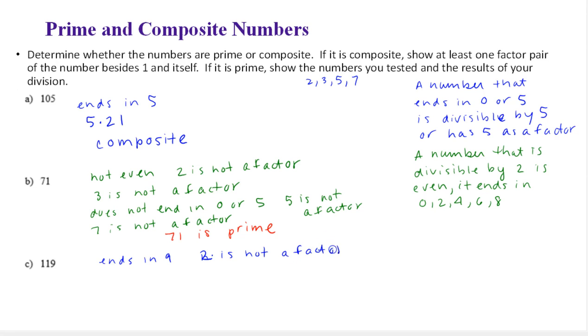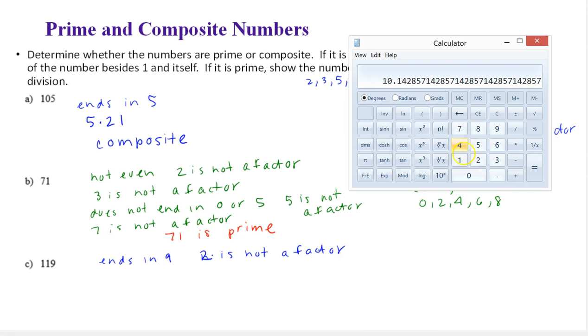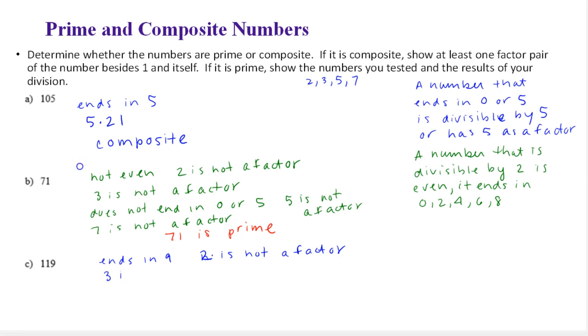Okay. Also notice 119 is less than 121 because these 4 numbers only work for numbers less than 121. Let's check 3. So 119 divided by 3. There's a decimal, which means there's a remainder, and that means 3 is not a factor.